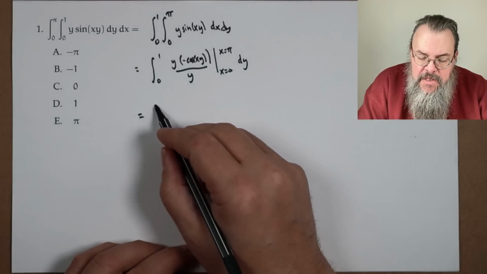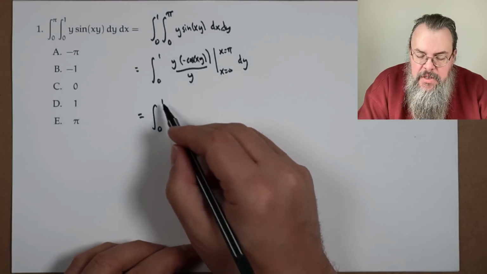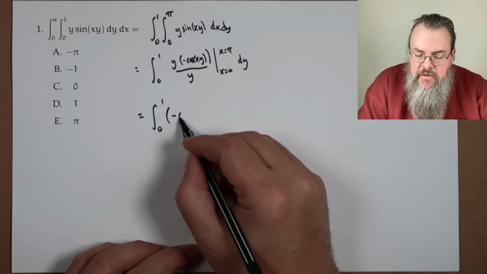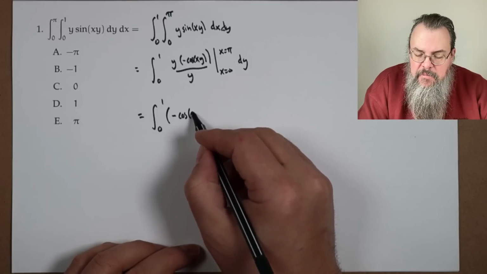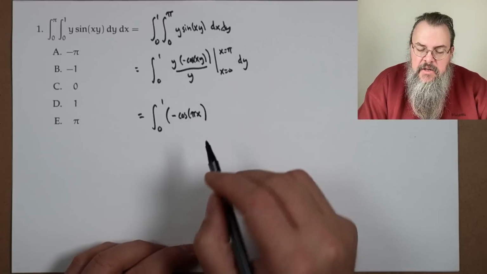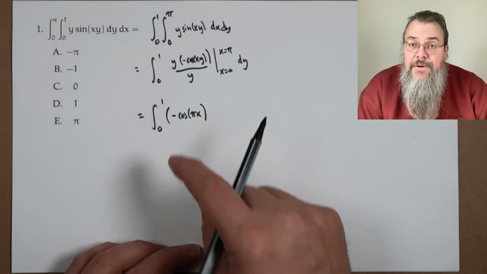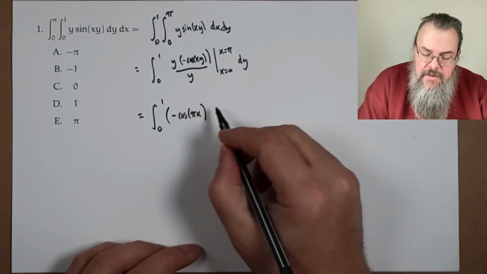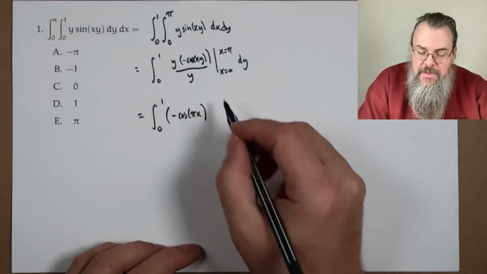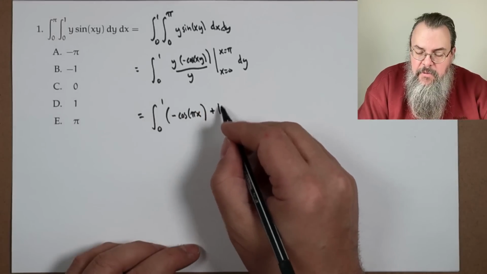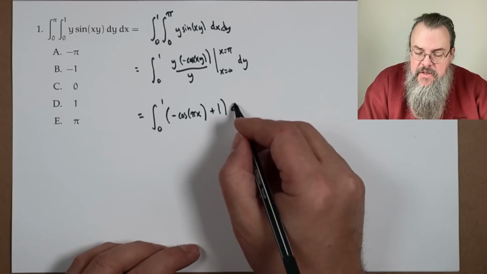Well, we have the integral from 0 to 1 of minus cosine pi y, and then when we plug in 0, we're going to get cosine 0, which is 1. And then we're subtracting that minus 1, so that makes it really a plus 1. All right.